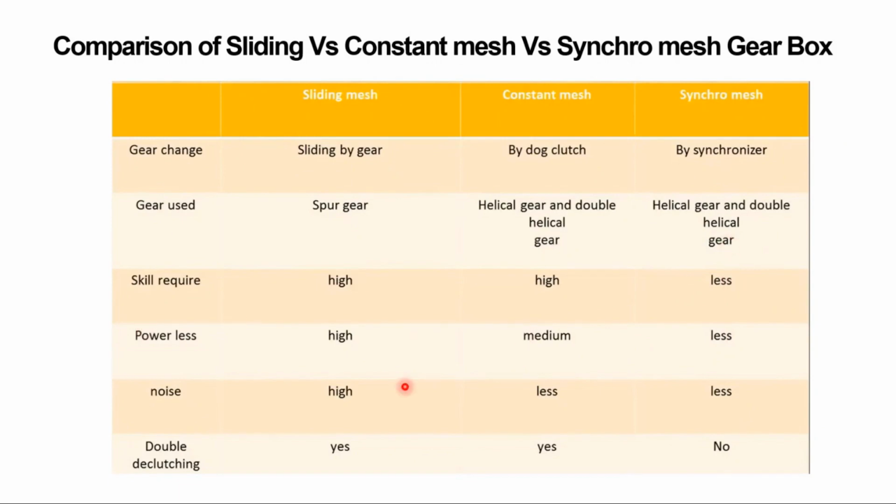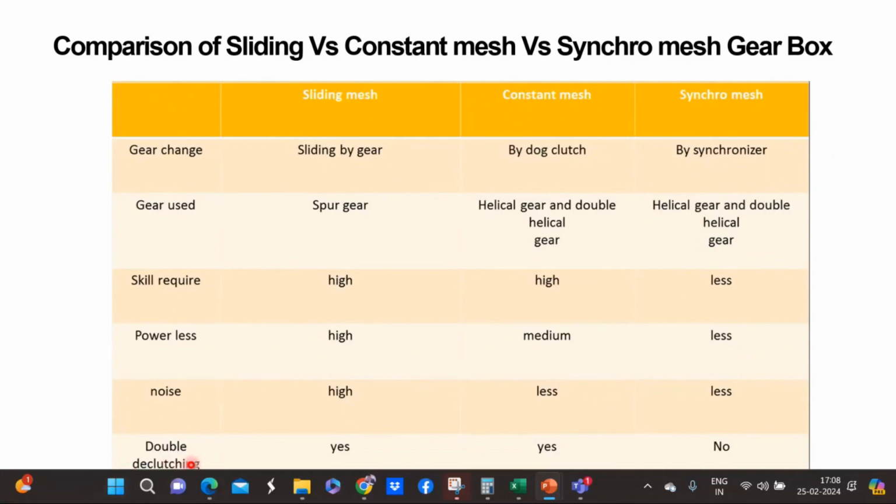The power loss is going to be higher in the case of sliding, medium in the case of constant mesh, and the synchro mesh is going to be lesser. And as I said, sliding mesh is going to have higher noise compared to constant and synchro mesh. Normally, synchro mesh has been used in many of the applications in our vehicles, in the car application.